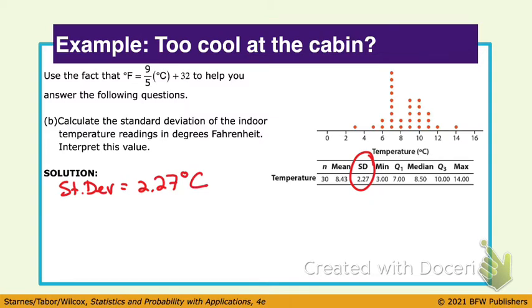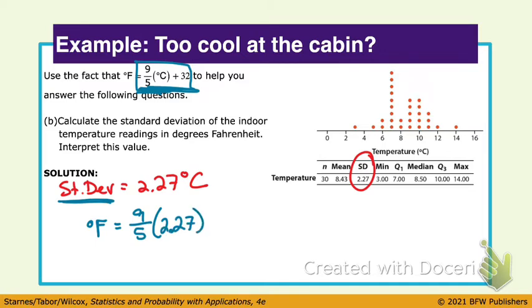So I am going to use this equation. For standard deviation, when I multiply, it does affect my standard deviation. It scales it to that particular value. So for my new degrees Fahrenheit standard deviation, I am going to take 9/5 of 2.27.